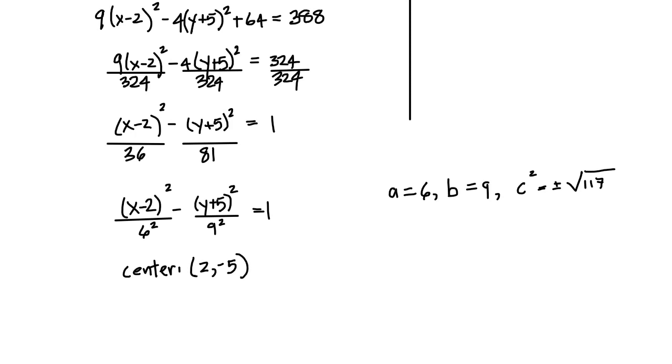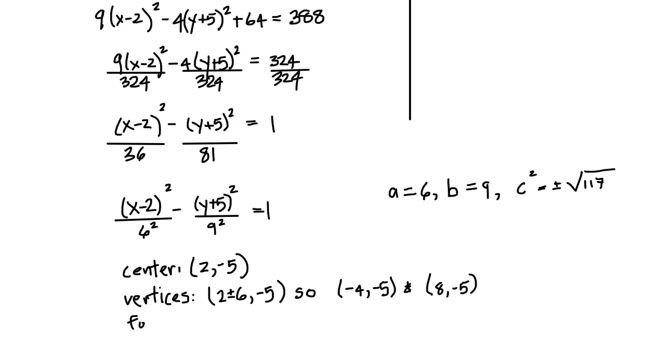Since the x term is first, the transverse axis is horizontal, and this will open left and right. The vertices are 2 plus and minus 6 with a y value of -5. So that's -4, -5, and 8, -5.